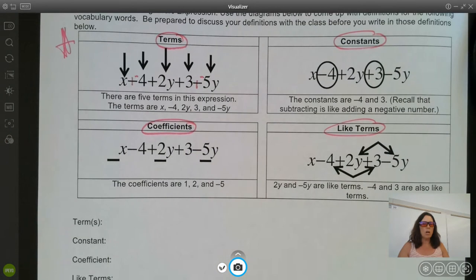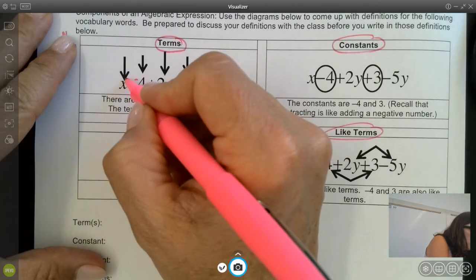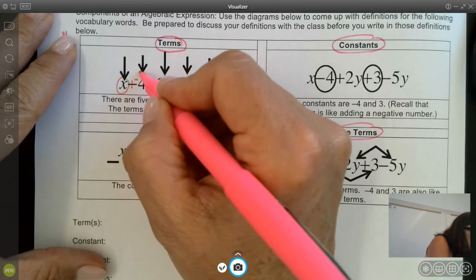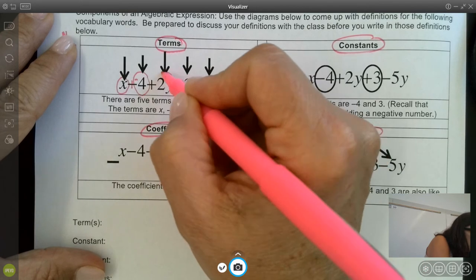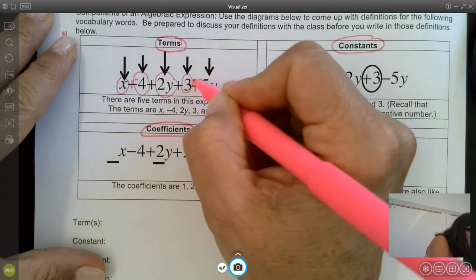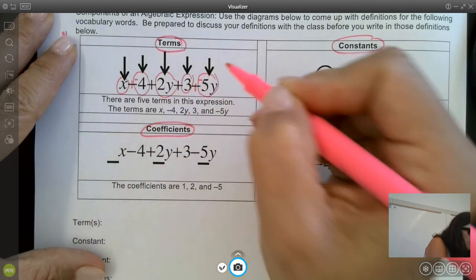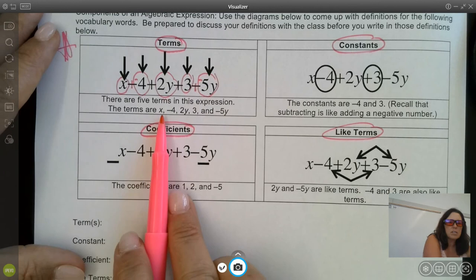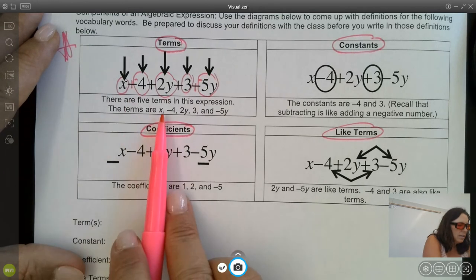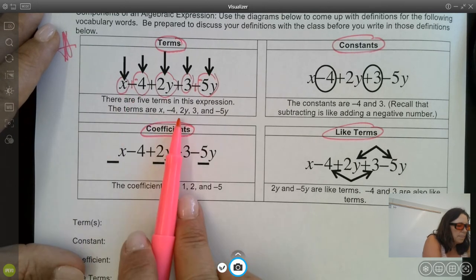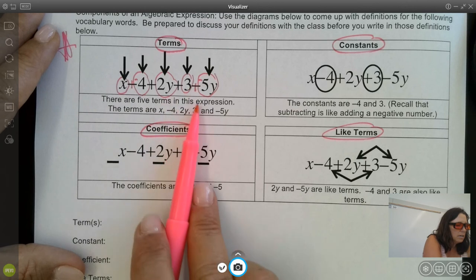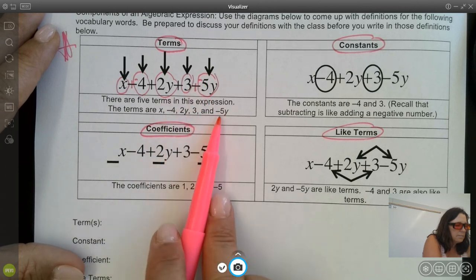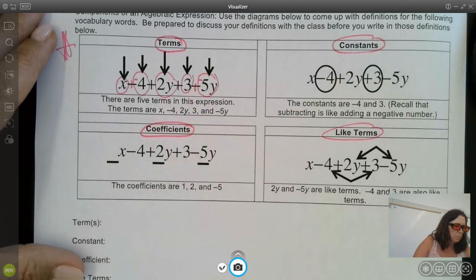Okay, so aren't all these terms separated by a plus sign? So we've got x, -4, 2y, 3, and -5y. That's what this says right here. We have x, -4, 2y, 3, and -5y. Okay, those are terms.